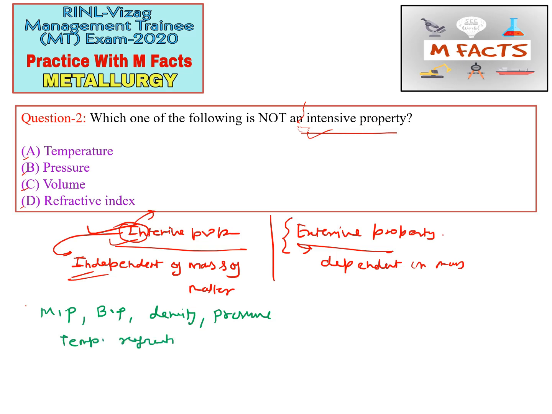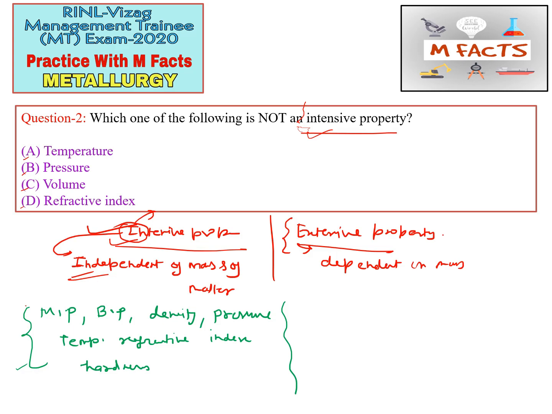Refractive index is also independent of the mass, and we can say the hardness of the material is also independent of the mass. So these are a few, limited examples. I will give more idea about intensive and extensive properties whenever we start the thermodynamics part for GATE 2021.